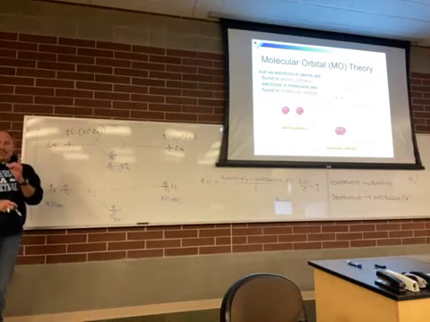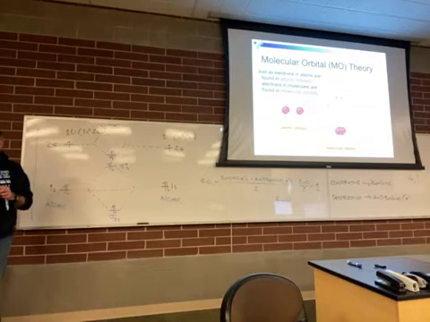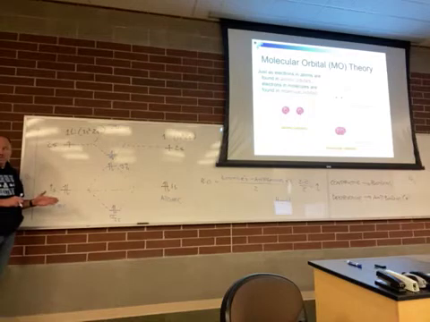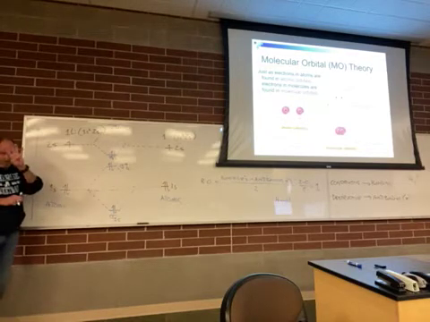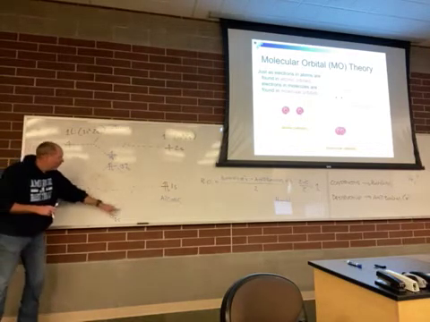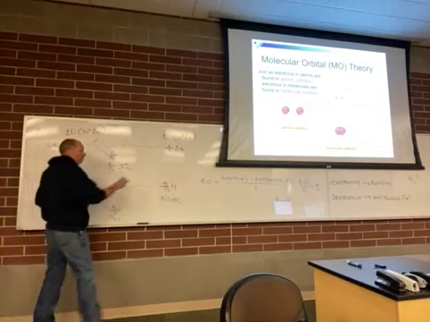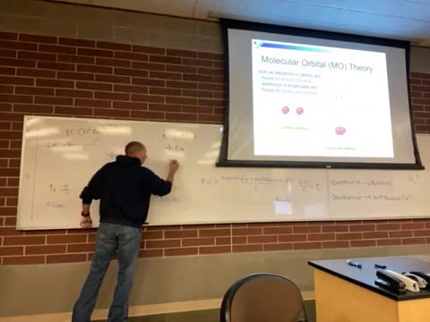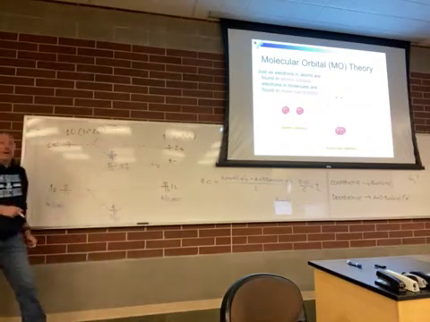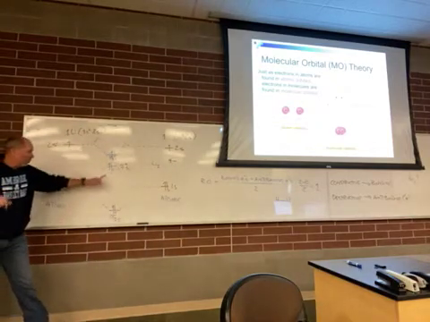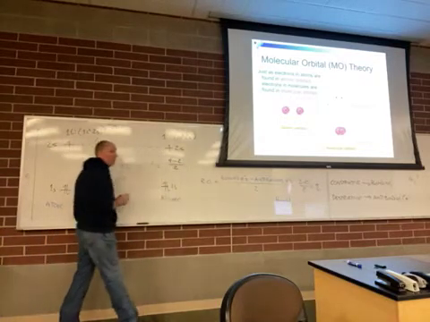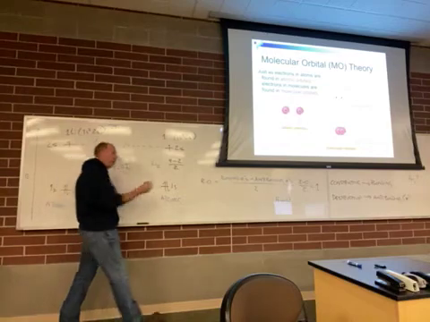So watch what happens here. How many electrons do I have in bonding orbitals? 4. 1, 2, 3, 4. Therefore, the bond order for lithium should be 4 minus, how many do I have in antibonding? 2. 1, 2, divided by 2 equals what? 1.